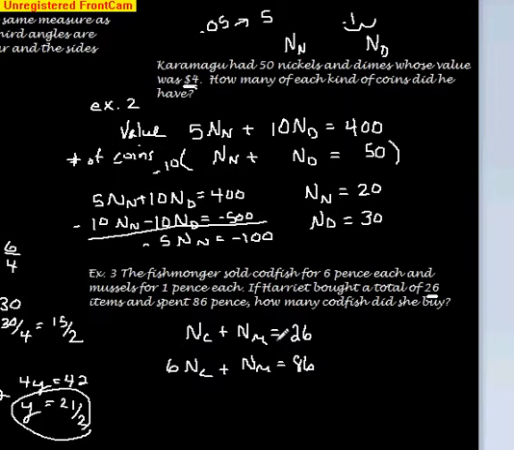And now we're going to do elimination. Let's see, we can just multiply the top one by negative 1, right? And we can eliminate our mussels. So we have negative number of codfish minus the number of mussels equals negative 26. 6 number of codfish plus number of mussels equals 86.